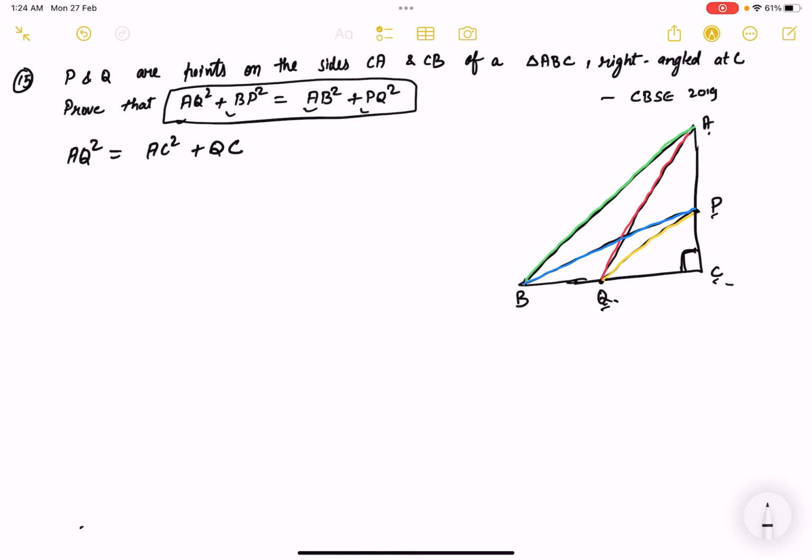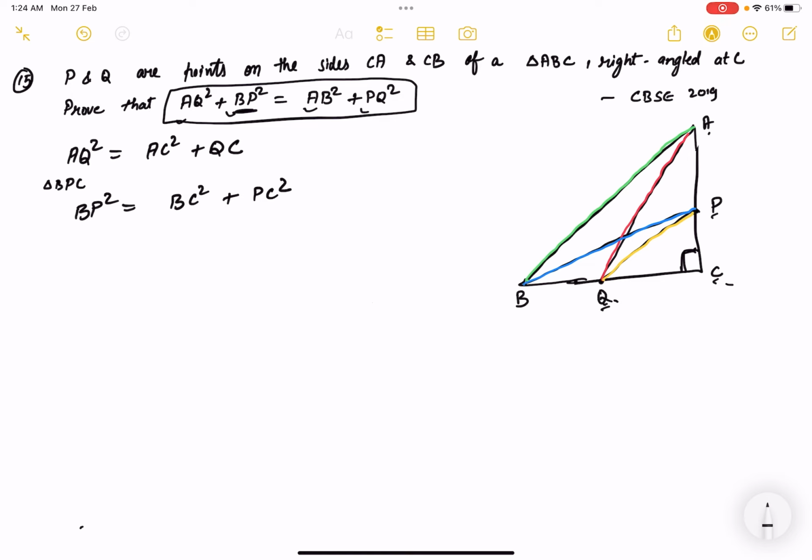Next term is BP, the blue line. Applying Pythagoras theorem in triangle BPC, we have BP square is equal to BC square plus PC square.